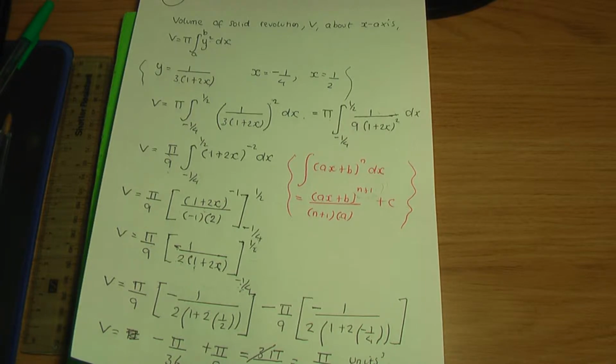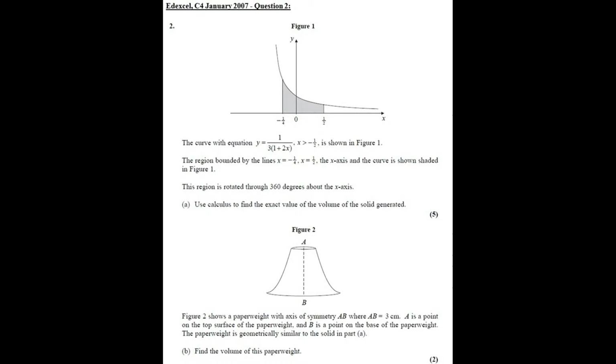So we have another part to do, so let's get back to the question. Prior to part B, figure 2 shows a paperweight with axis of symmetry AB, where AB is 3 centimeters, A is a point on the top surface of the paperweight, and B is a point on the base of the paperweight.